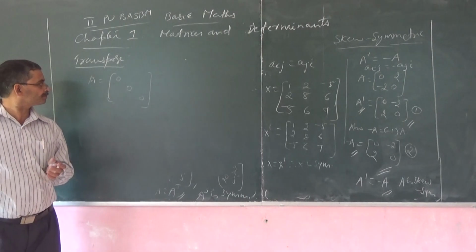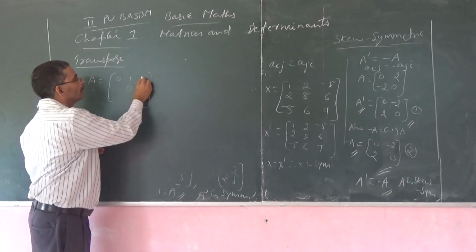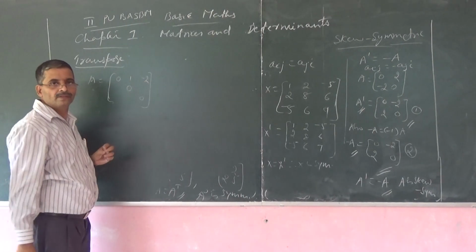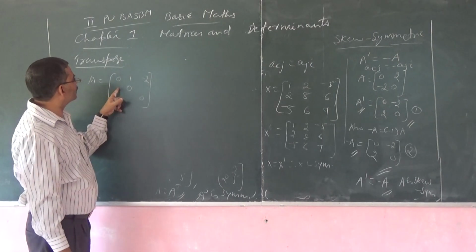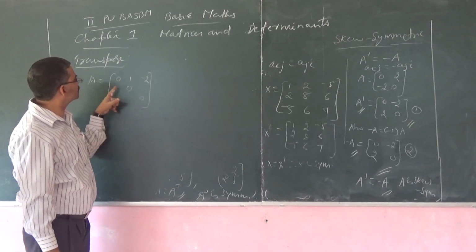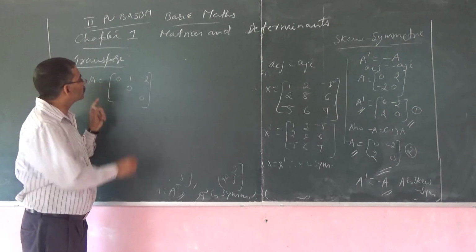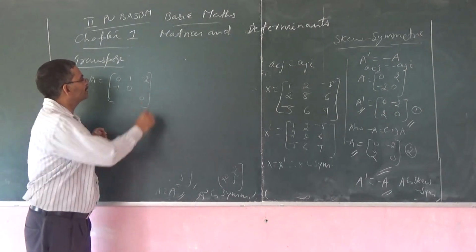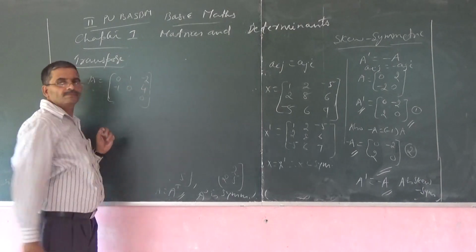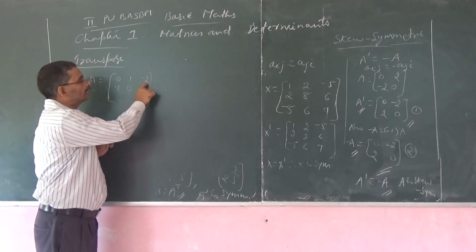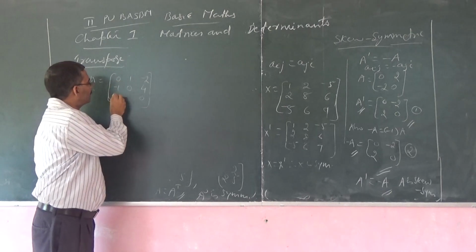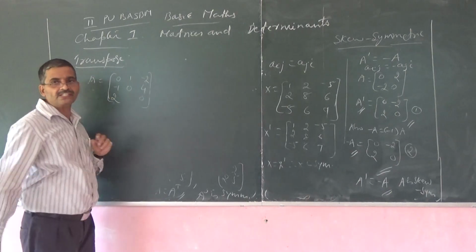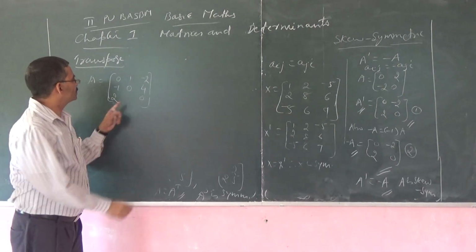Next I will write 1, minus 2 here. This is A12, this is A21, so you will have to write minus 1. I will write some other element here, 4. Now this is A13, so I have to write A31 as plus 2. Change the sign. This is minus 4.